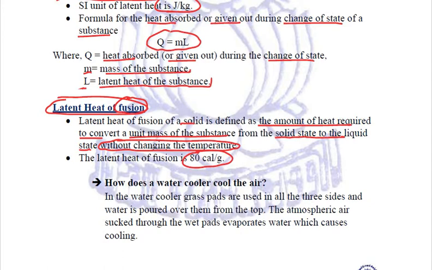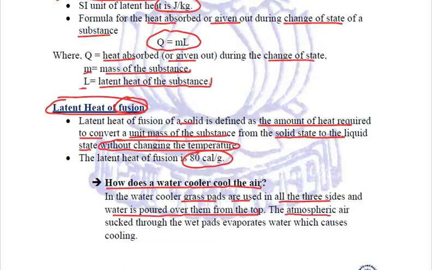Now this latent heat of fusion has many applications. For example, one simple question is, how does a water cooler cool the air? What exactly happens in a water cooler is that grass pads are used on all three sides and water is poured over them from the top.